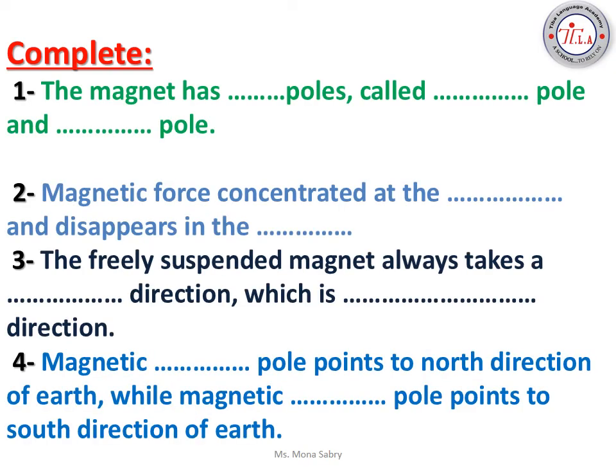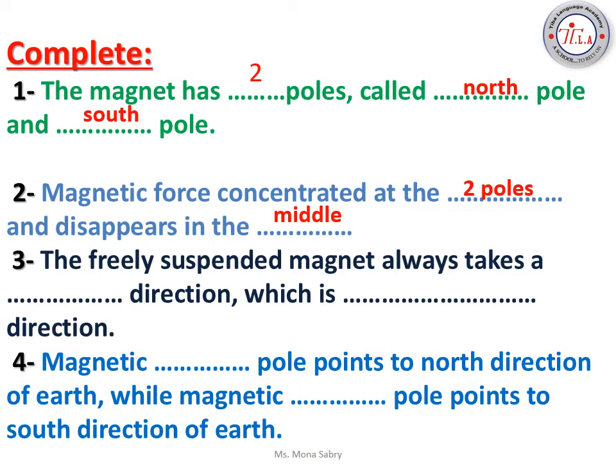Think and answer. Complete. Number 1. The magnet has two poles called dot pole and dot pole. The answer is: the magnet has two poles called north pole and south pole. Number 2. Magnetic force is concentrated at the two poles and it disappears in the middle.